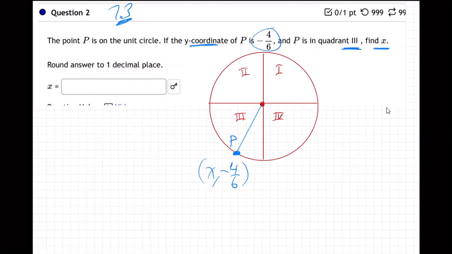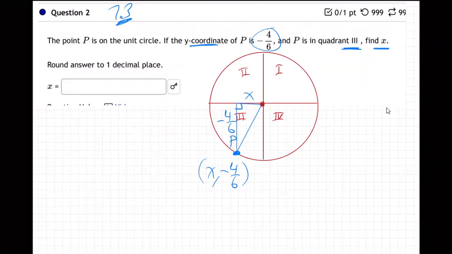Well, what I'm going to do is make this into a triangle, meaning I'm going to bring this straight up and over. And so it's a triangle now. The y coordinate, this must be -4/6, right? Because this point is back some x coordinate.